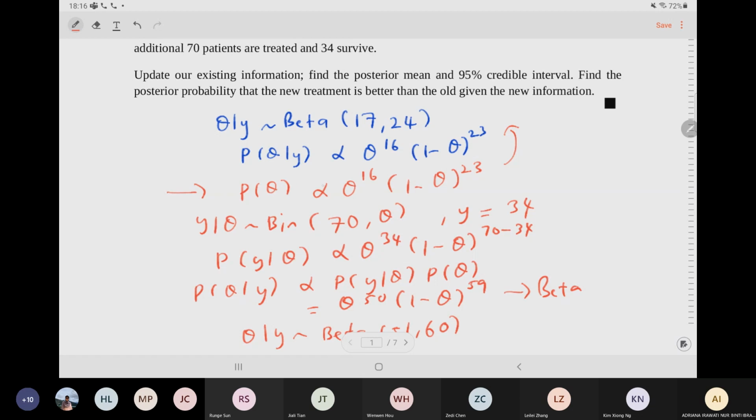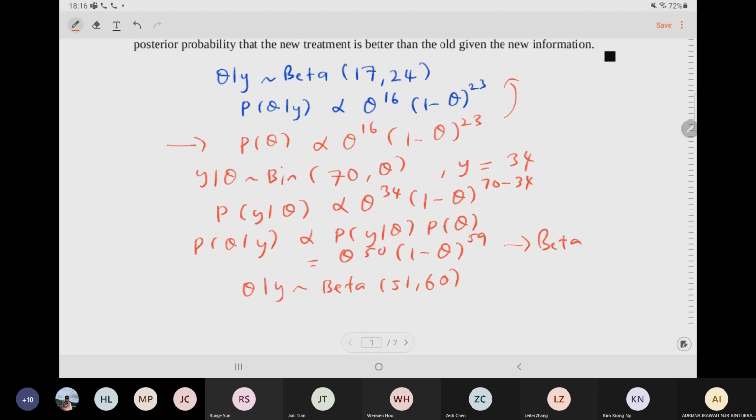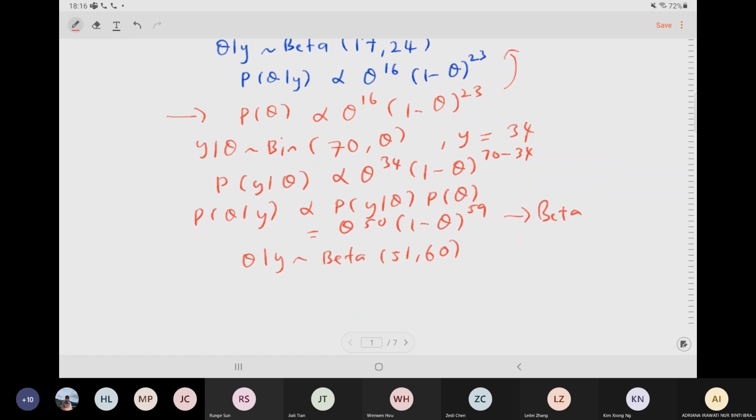So both are okay. If you do it like a new prior, then you just use the likelihood, or the joint PDF, of Y given theta.